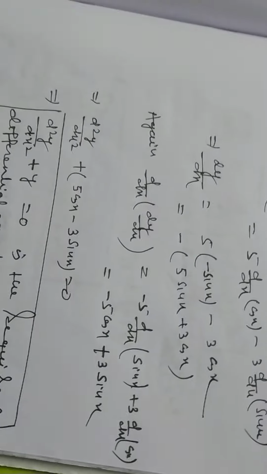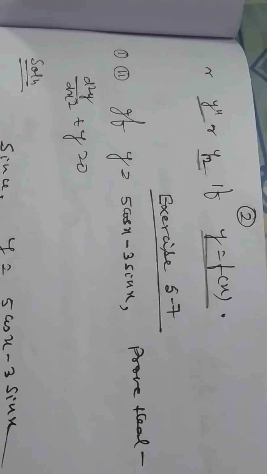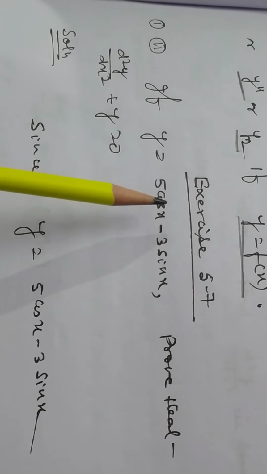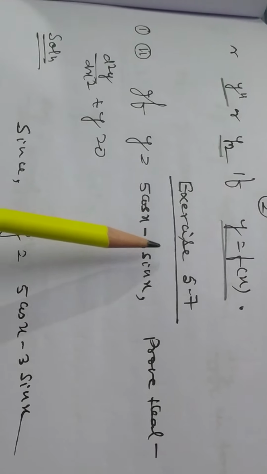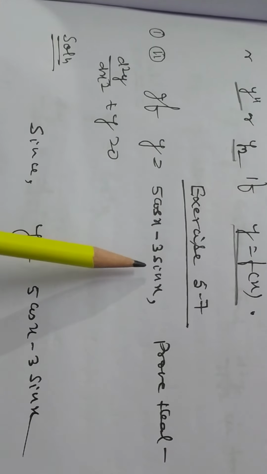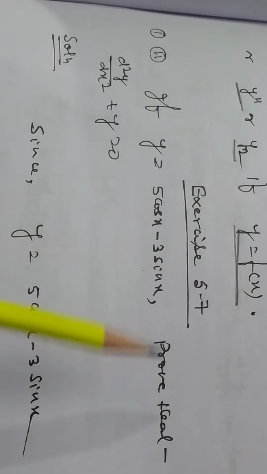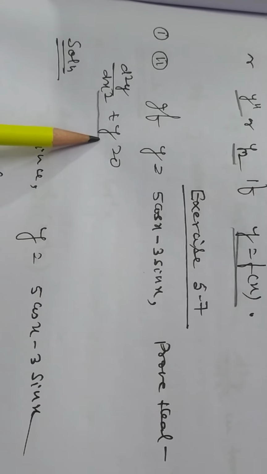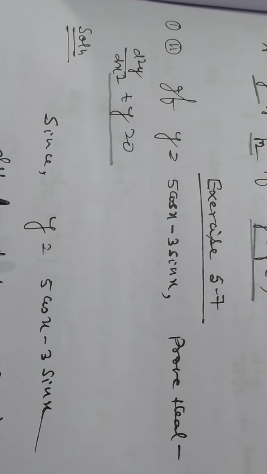Now I want to discuss problem number 1 of exercise 5.7. If y is equal to 5 cos x minus 3 sin x, prove that d2y by dx square plus y is equal to 0.